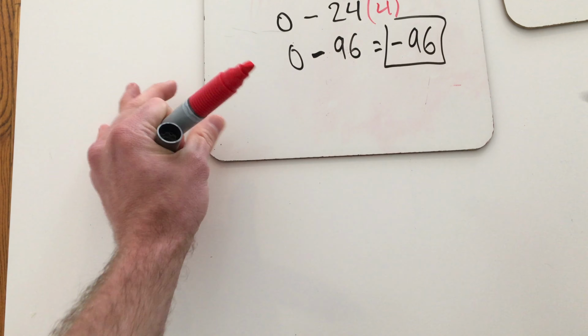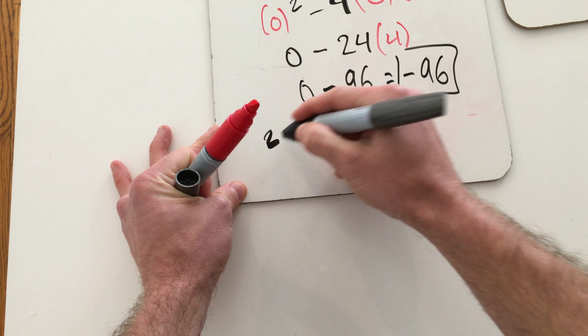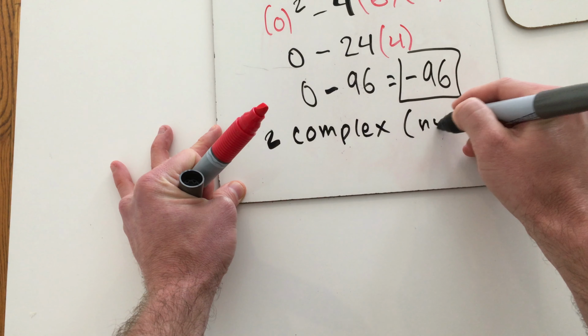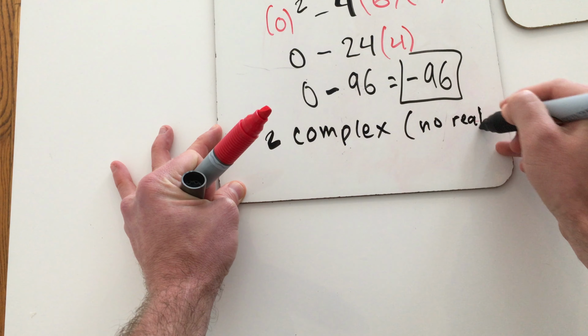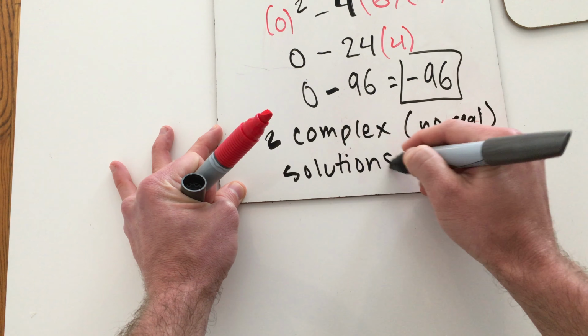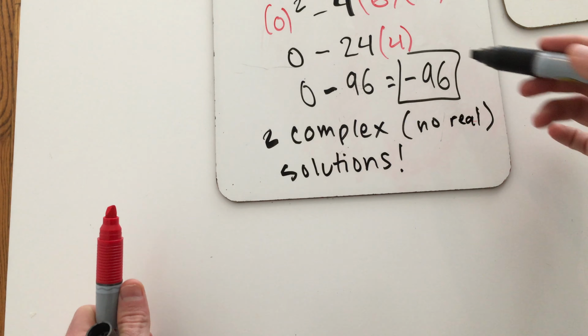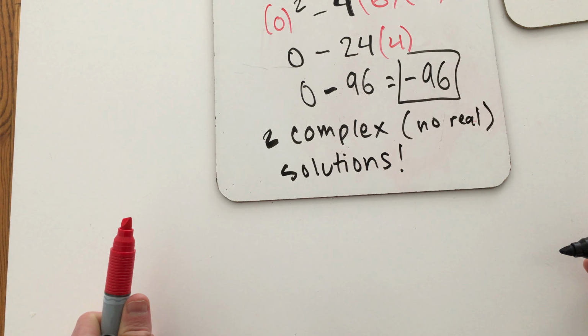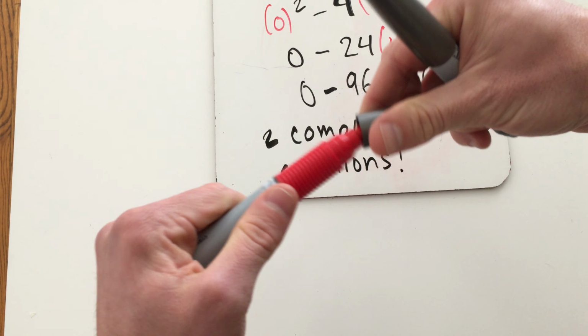There are two complex solutions. So whenever you get a negative value for the discriminant, there's no real solutions, but rather two complex solutions.